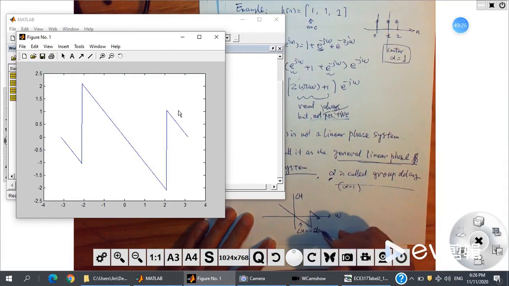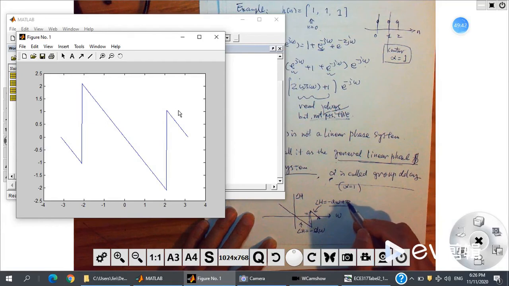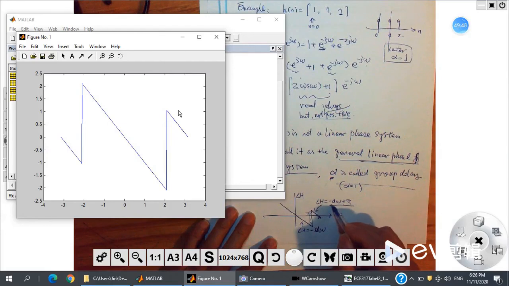And this place is equal to negative alpha omega plus pi. If it is plus 2 pi, you can think they are the same thing as an angle. But now it is plus pi, so they are not the same. So now alpha is not a delay. But we call this the group delay. Now we have a different name for it.